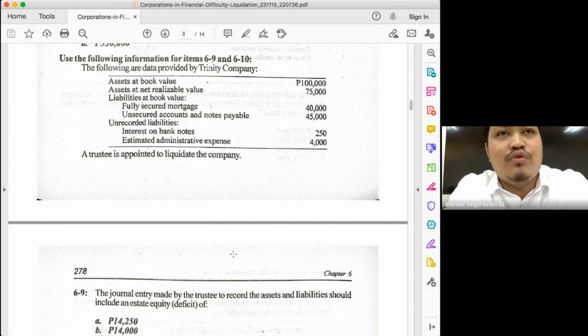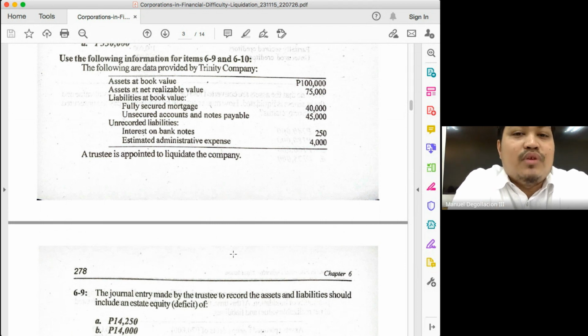Liabilities at book value, you have 40,000 and 45,000. So your assets at book value is 100, then your liabilities is at 85. That means at book value, you have an equity of 15,000.